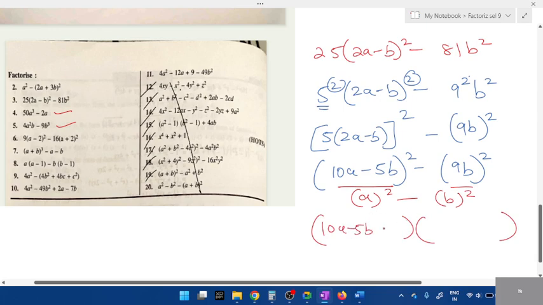This is a. What is b? Plus 9b. Next, what is a? 10a minus b minus what is b? Not plus, minus 9b. So solve this question, completed.